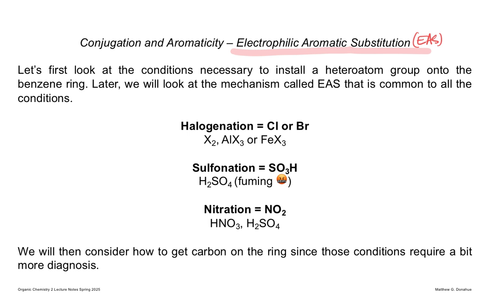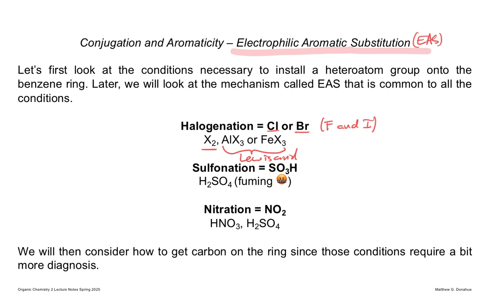If we want to get a halogen such as chlorine or bromine, fluorine and iodine require other things to happen before we can do those. But for chlorine and bromine, we can use the molecular halogen directly, so Cl2 or Br2, and also a Lewis acid that helps the electrophilic properties of the X2 reagent.